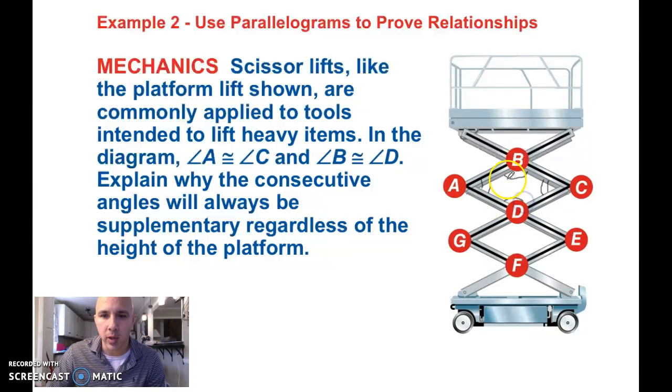they're both congruent. So I know that ABCD is a parallelogram.